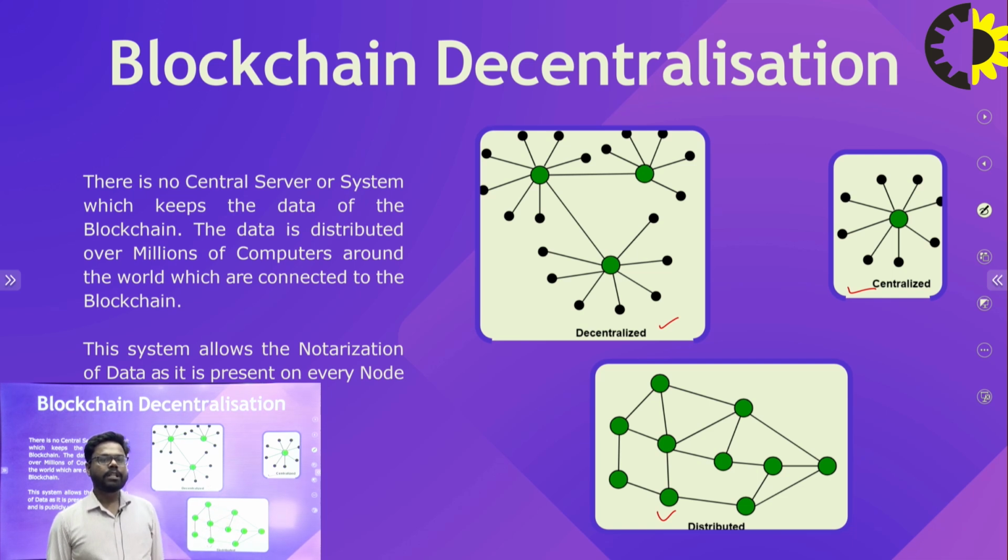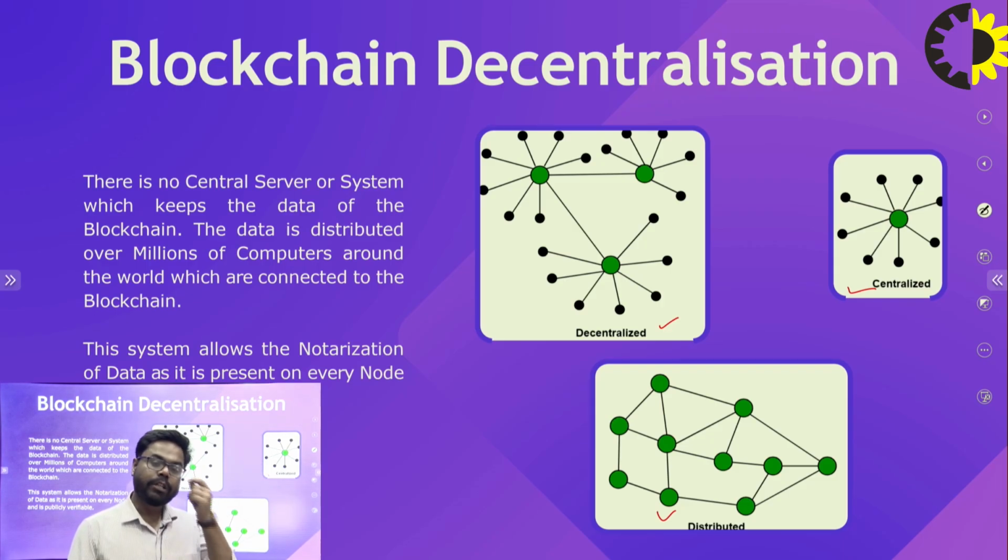I am giving an example of centralized: if SBI has a main center, and SBI has all the branches, so it is connected to all the nodes. Okay, this is centralized.